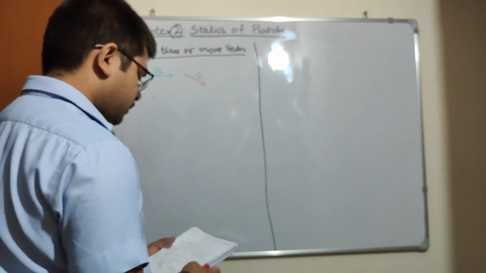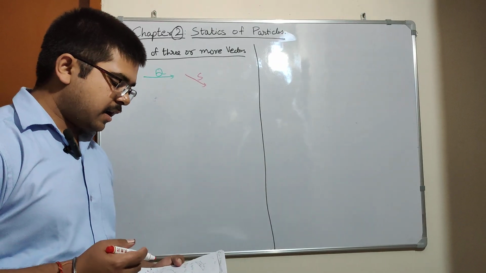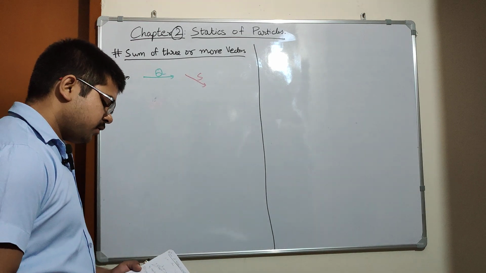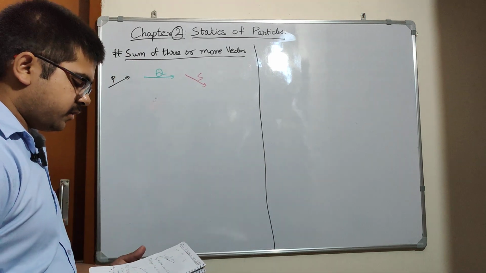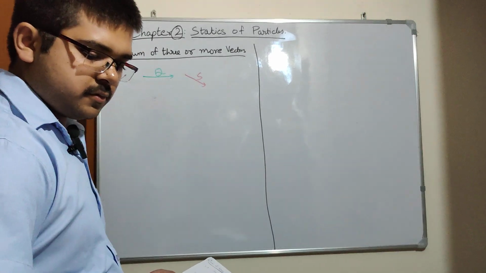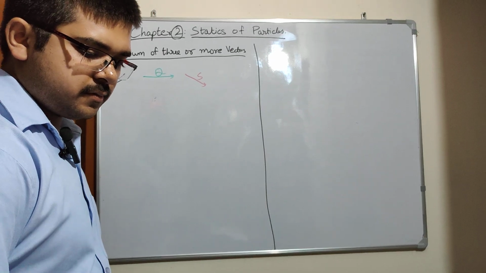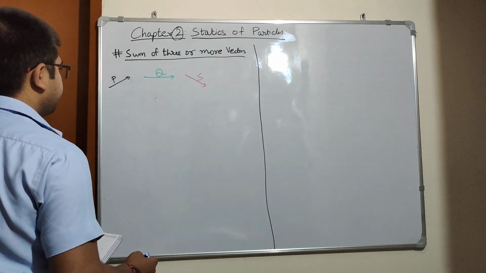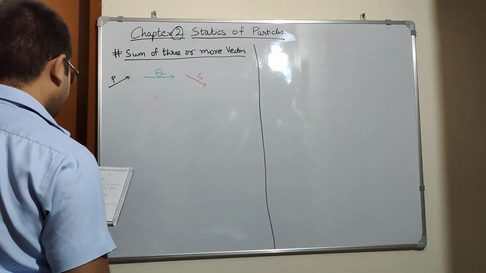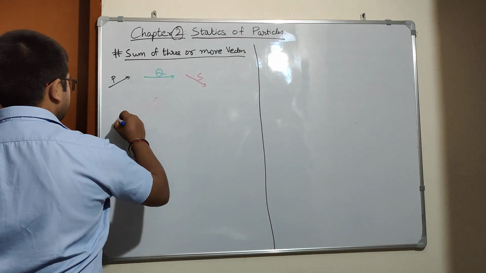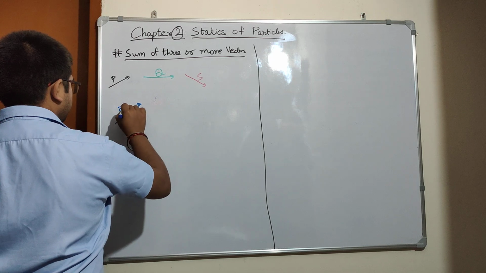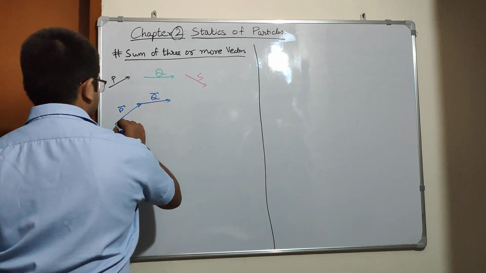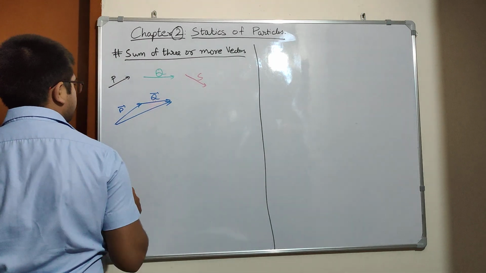Then to add these vectors, we can repeatedly apply triangle rule and get the resultant vector. If I apply the triangle rule to p and q vector, this would be p vector, this would be q vector, and this will give us p plus q vector.